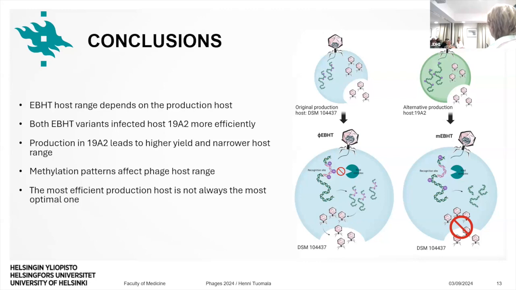We can also see very clearly that both phage variants infect the alternative host much more efficiently, which also leads to a much narrower host range. The PacBio data show that the methylation patterns differ between the phage variants, and this is something that should be considered when we design the production of phages for treatment purposes.